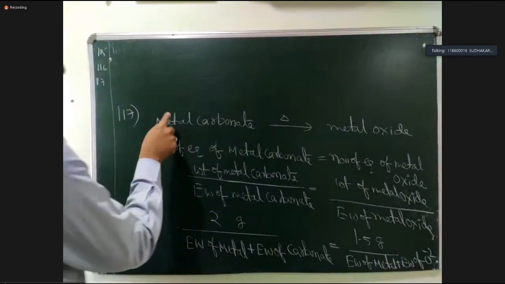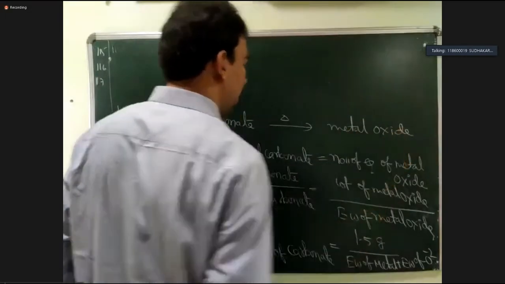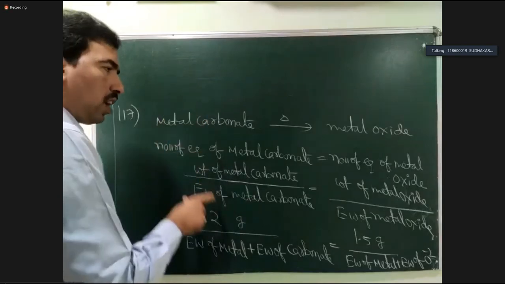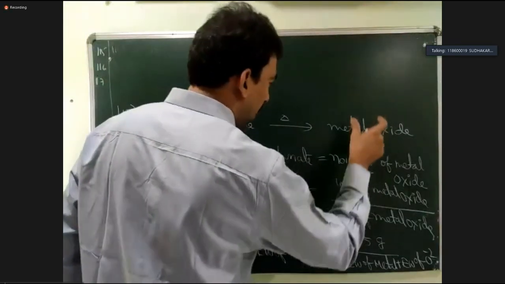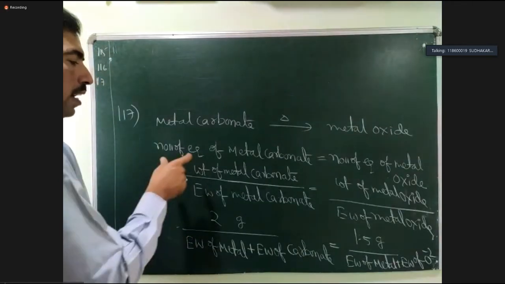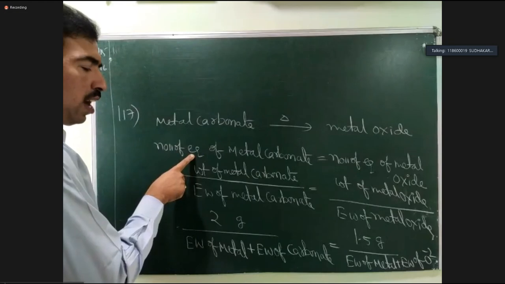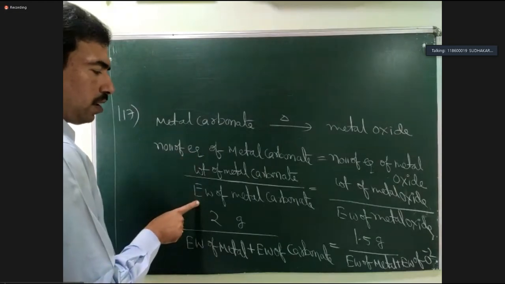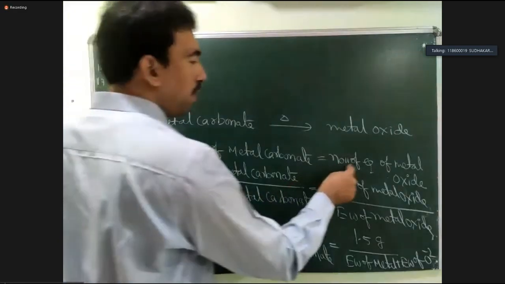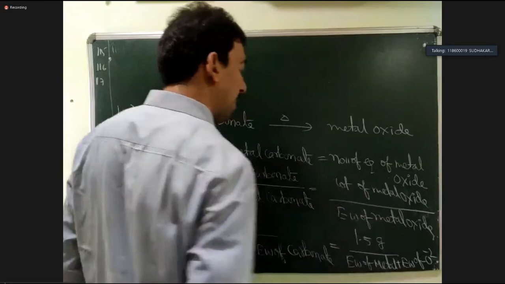The number of equivalents of metal carbonate must be equal to the number of equivalents of metal oxide. As many equivalents of carbonate are decomposed, that many equivalents of metal oxide would be formed. The number of equivalents formula is weight by equivalent weight. So weight of metal carbonate by equivalent weight of metal carbonate equals weight of metal oxide by equivalent weight of metal oxide.